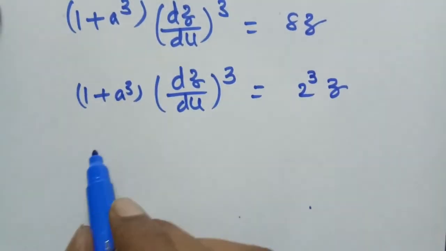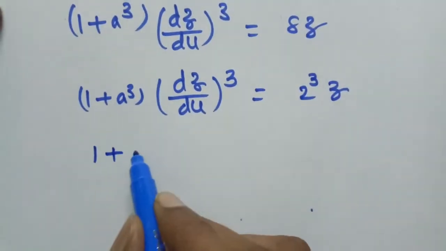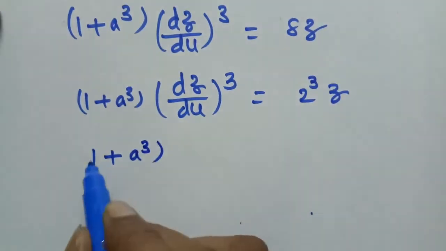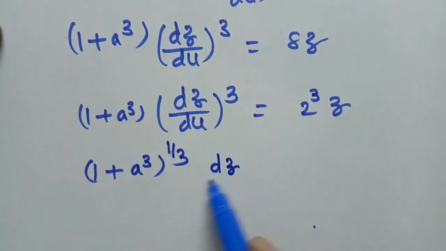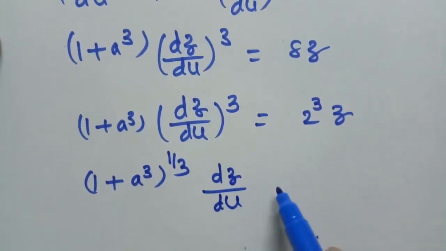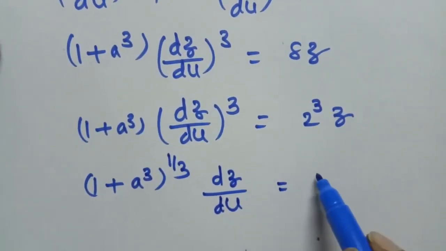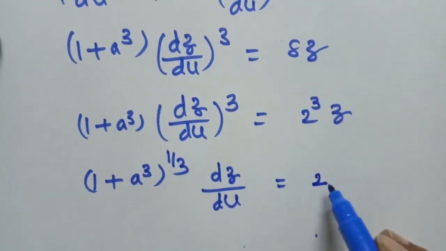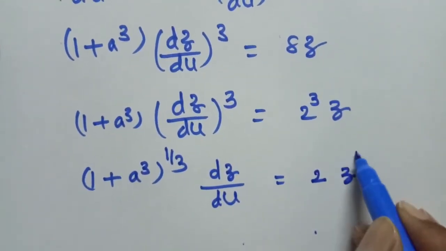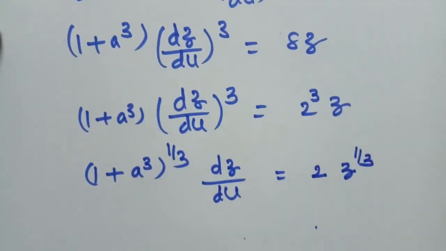Therefore, this becomes 1 plus a cube whole to the power of 1 by 3 into dz by du is equal to 2 cube whole power 1 by 3, that becomes 2 into z power 1 by 3.